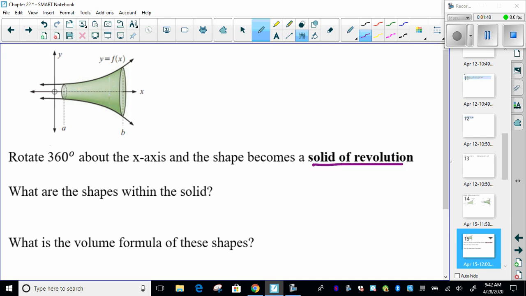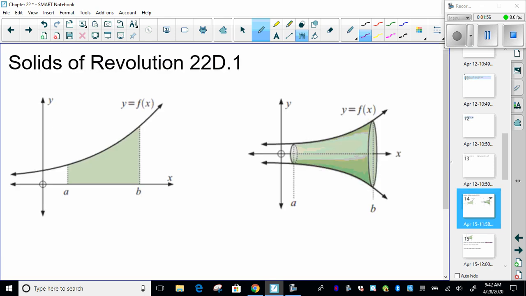So what shapes are within that solid? I talked about that whole shape being like a vase, but what are all of the shapes that we compact together onto itself? Think about when we were finding the area, what shape were we making? We were doing rectangles, right?